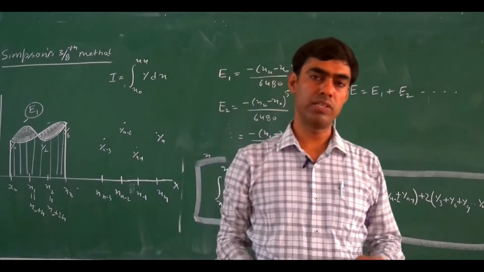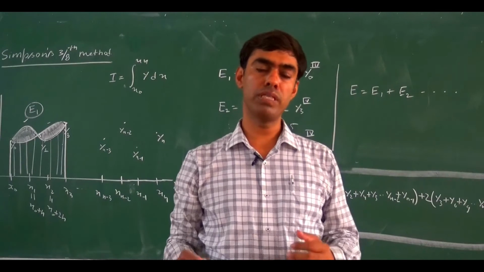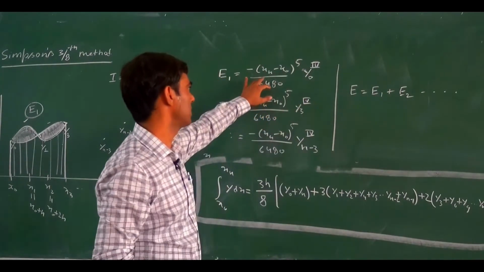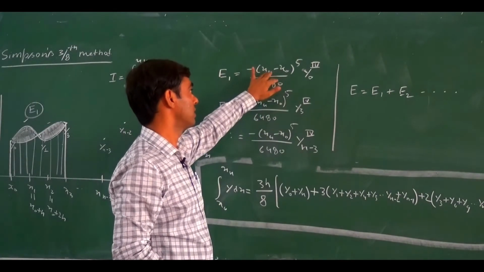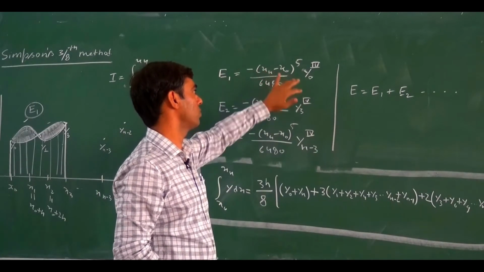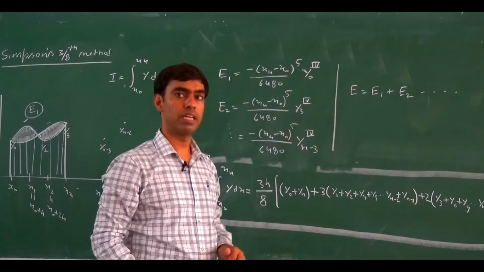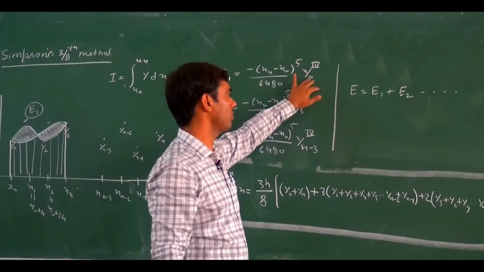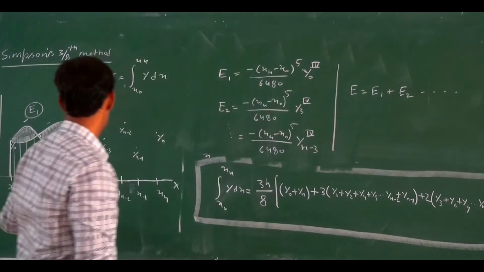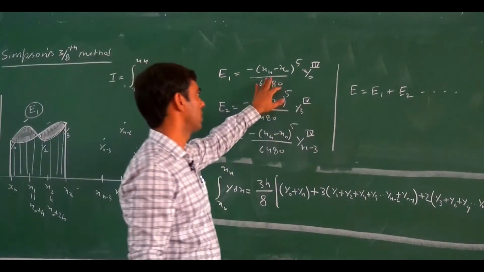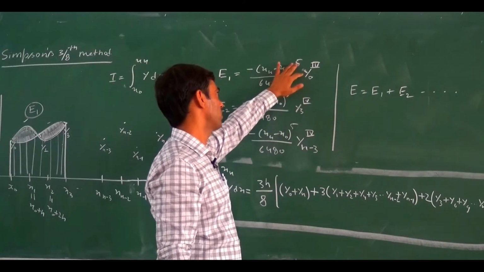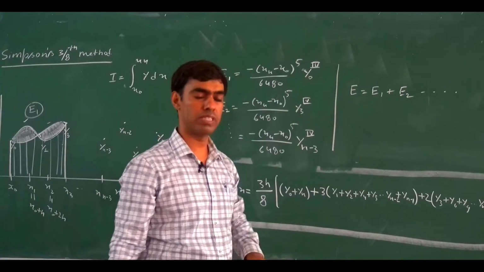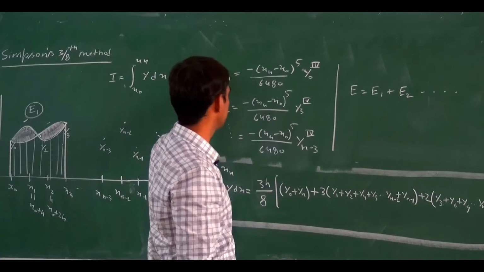In a numerical example, if we have the upper limit, lower limit and function, we find the fourth order derivative and its value at x0, this is y0 fourth derivative, then the power 5 divided by 6480, which is a constant. Then we find the error in the first step.